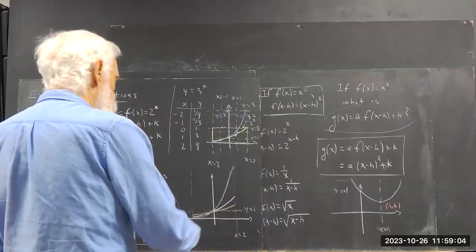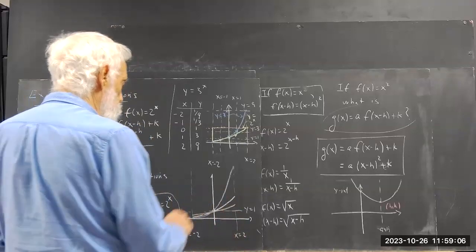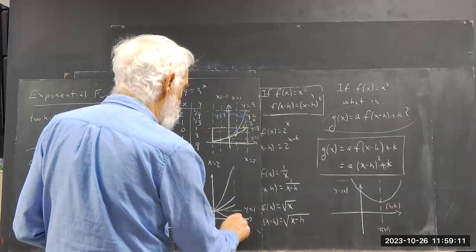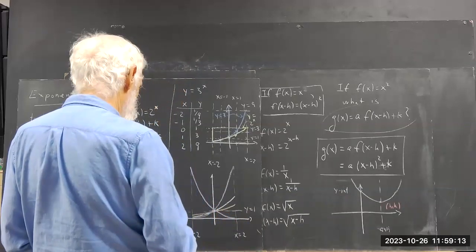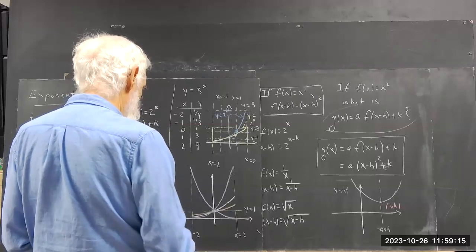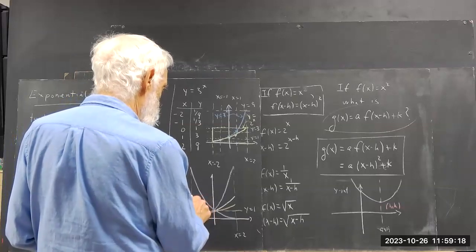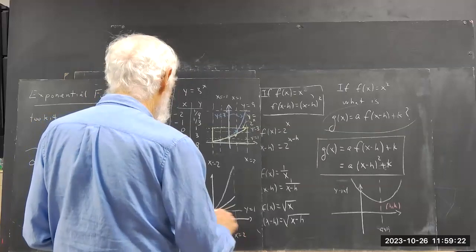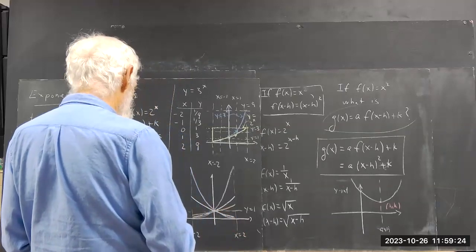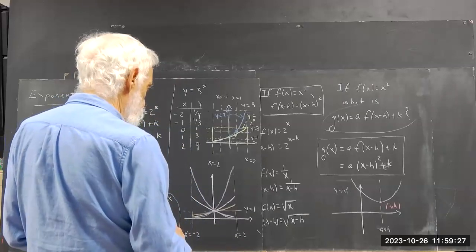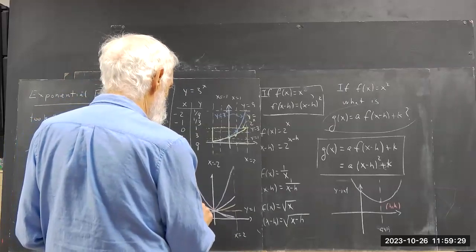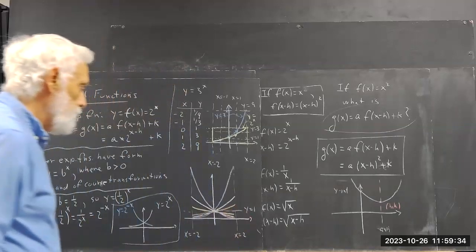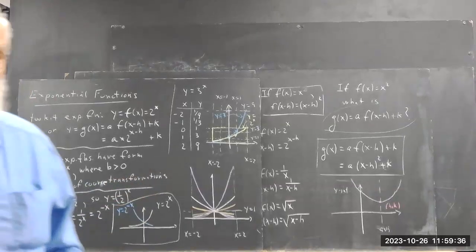And then we could get the reflections of these functions. It would look like this, or this, or maybe this. And that's a picture you're going to see.